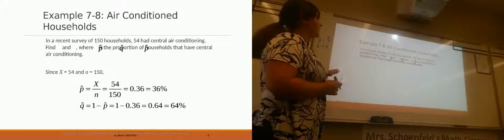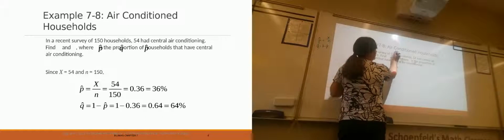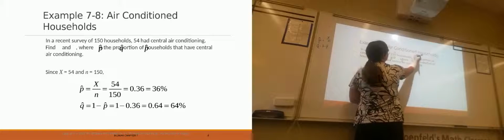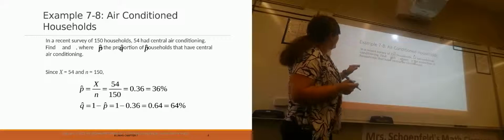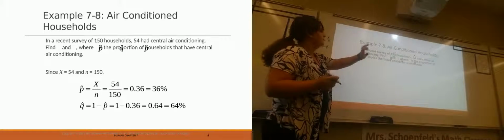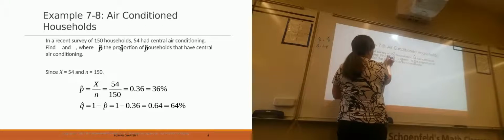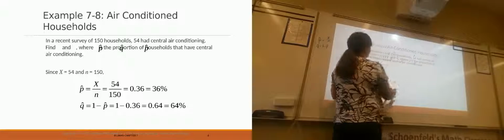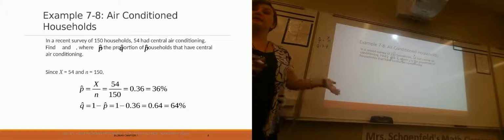Okay. In a recent survey of 150 households, that's our N, 54 had central air. So that's our X. Find P hat and Q hat, where P hat is the proportion of households that have central air conditioning. So what's Q hat? Q hat is the opposite of P hat.